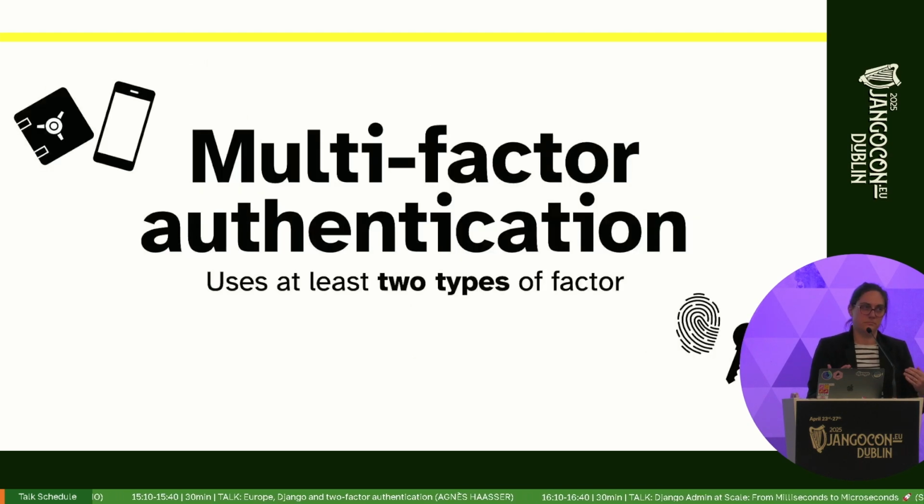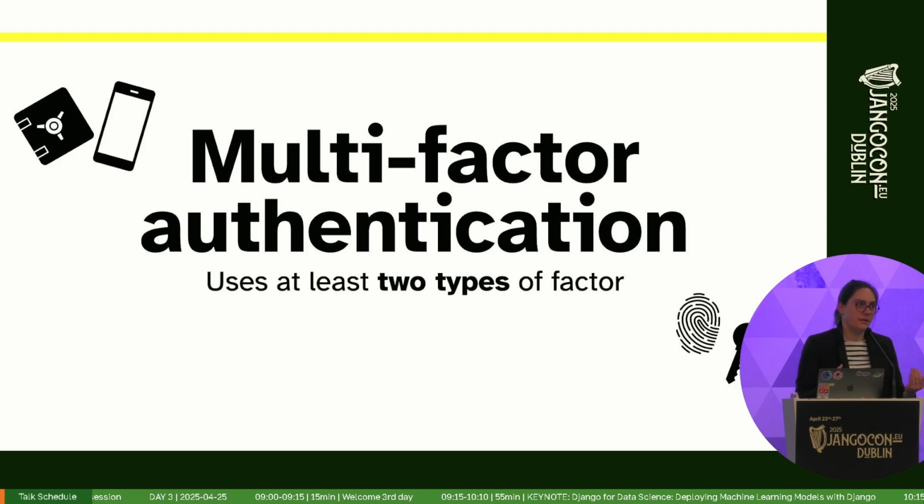And MFA, multi-factor authentication, uses at least 2 different types of factor. For example, a password with a TOTP challenge. It's knowledge factor and possession factor. A passkey or a YubiKey unlocked with your fingerprint. It's a possession factor with an inherence factor.